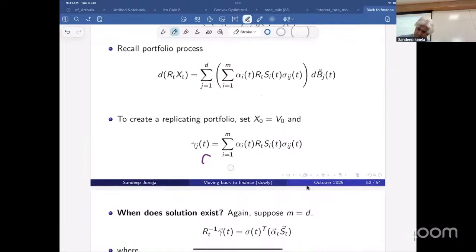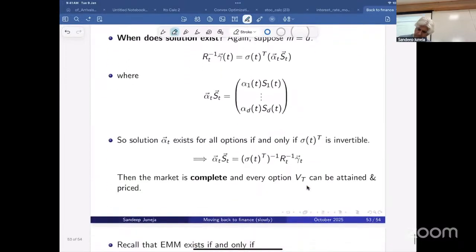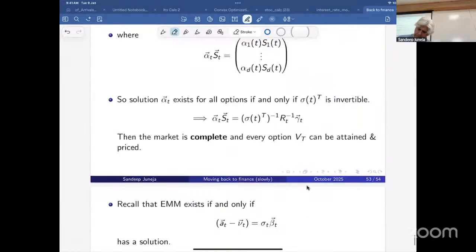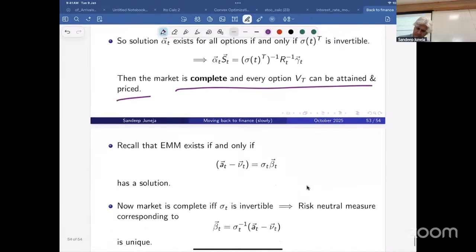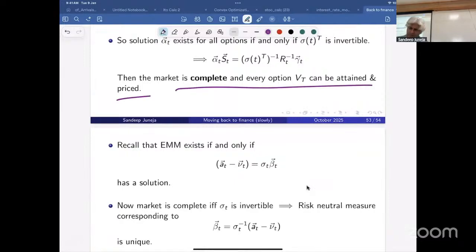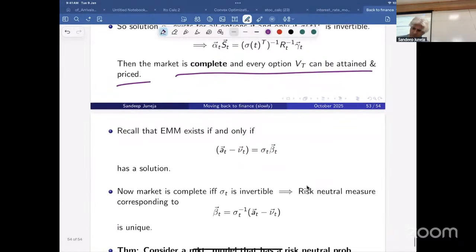All right. So then the market is complete and every option V_T can be attained and priced. Recall that an equivalent martingale measure exists only if this equation has a solution.